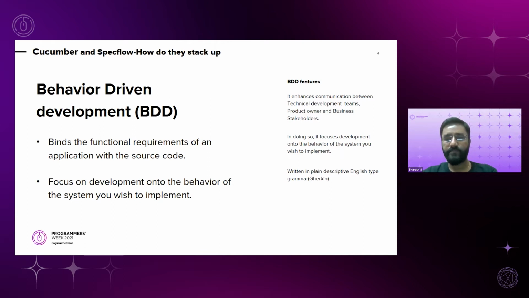So BDD enhances the communication between the technical team, product owners, and stakeholders. In doing so, it focuses development on the behavior of the system. Whatever we want to implement, the product owner provides in English, or in terms of business driven development, which from a technical perspective we can call Gherkin or Jerkin. There is a bit of conflict with how we pronounce it, but I'll go with Gherkin.